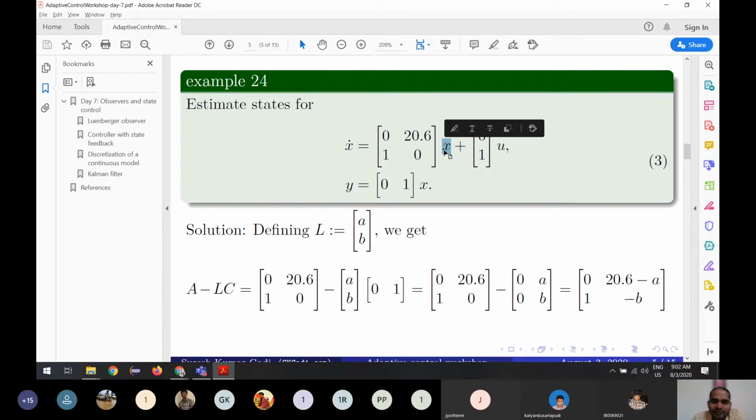You can measure something which is not available for you to see from your output. So that's the application for observers, and it's very useful because you measure something and you want to estimate the value of something else.